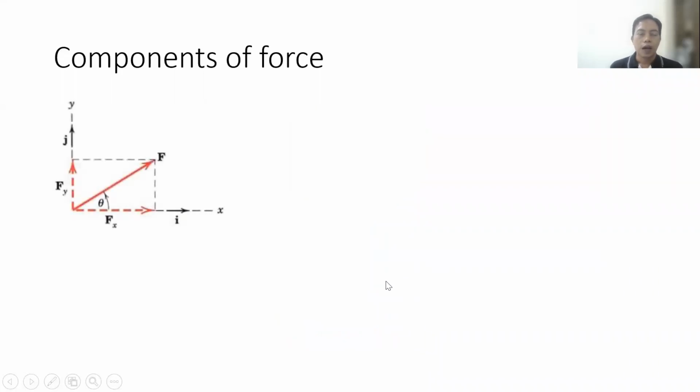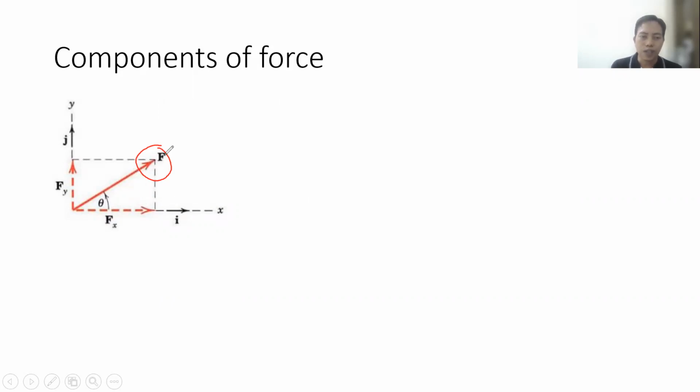So now, how can we obtain the components of forces? To obtain the components of forces, we can decompose this vector into the horizontal axis and the vertical axis, x and y.